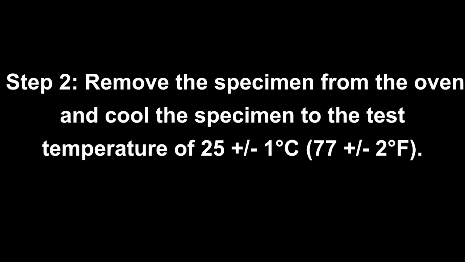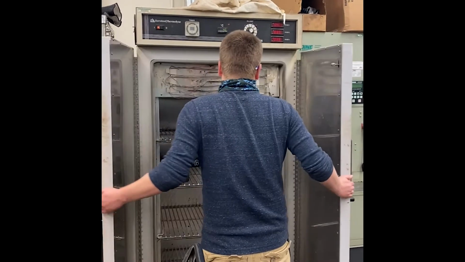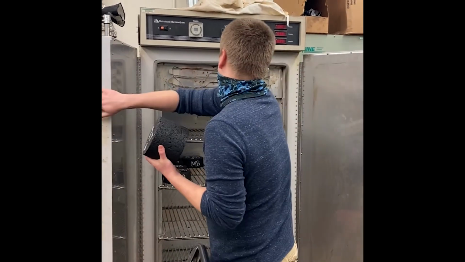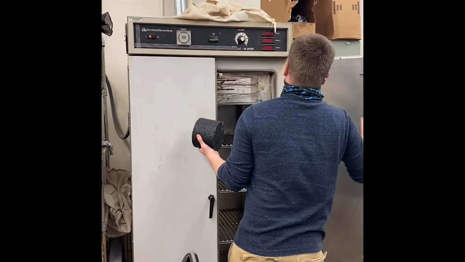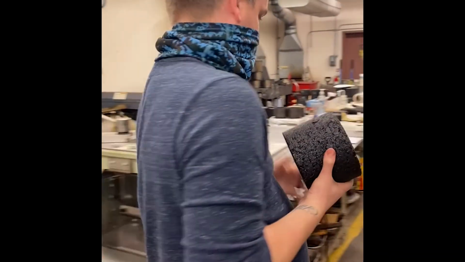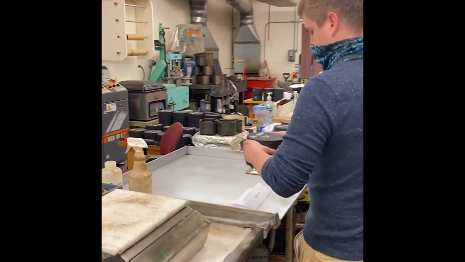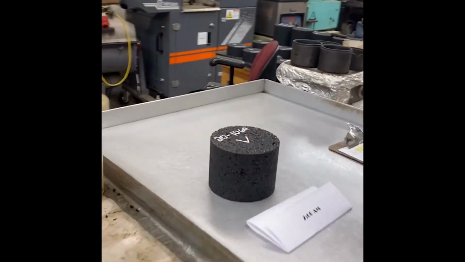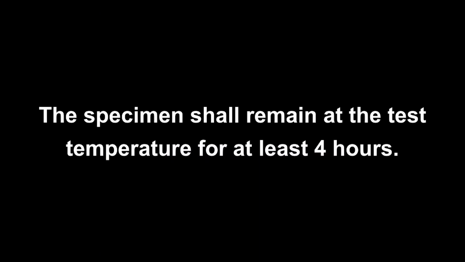For step 2, we need to remove the specimen from the oven and cool the specimen to the test temperature of 25 plus or minus 1 degree C, 77 plus or minus 2 degrees Fahrenheit. The specimen shall remain at the test temperature for at least 4 hours.